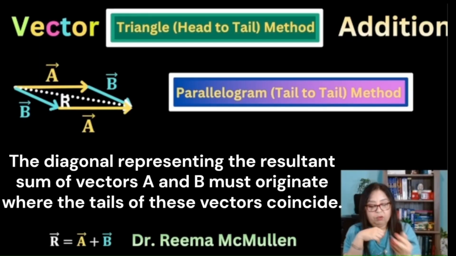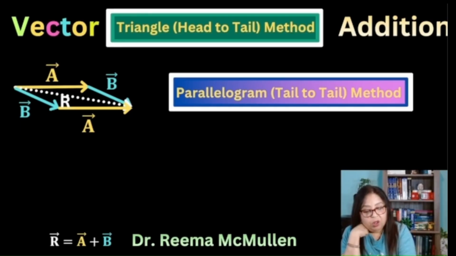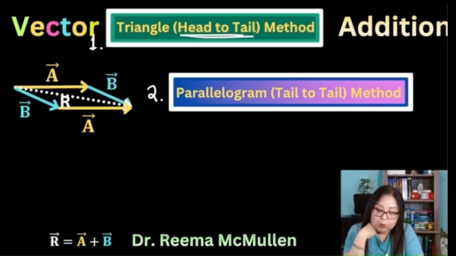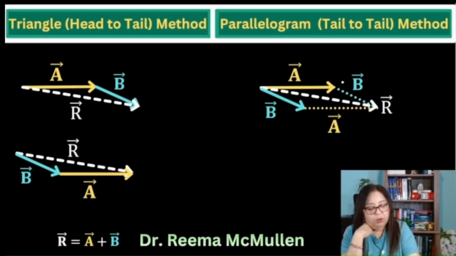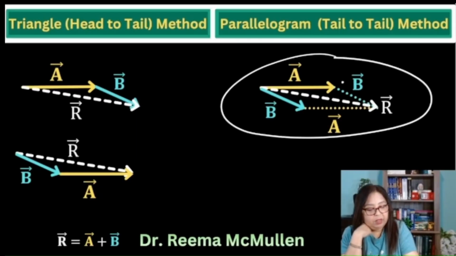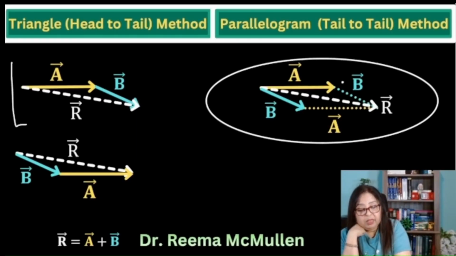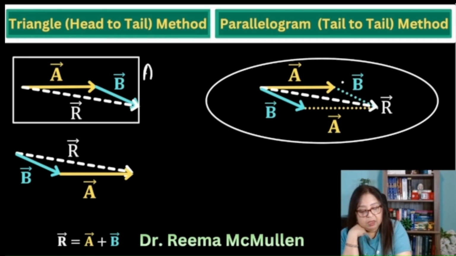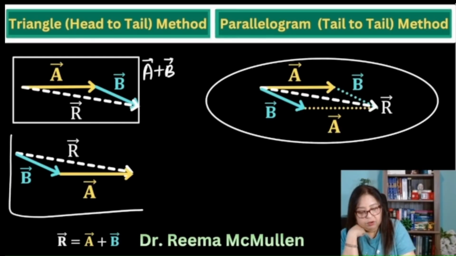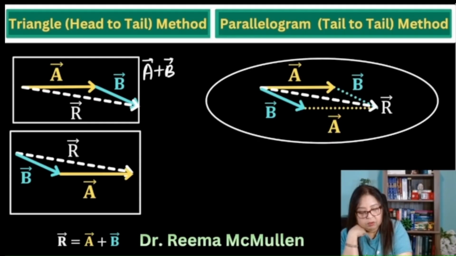So here, triangle law of vector addition, also known as head to tail method, is number 1. Then we have parallelogram number 2 here. We could represent this diagram of parallelogram law of vector addition in one more way. Begin with vector A plus B here. This is A plus B. And this over here, what is this?